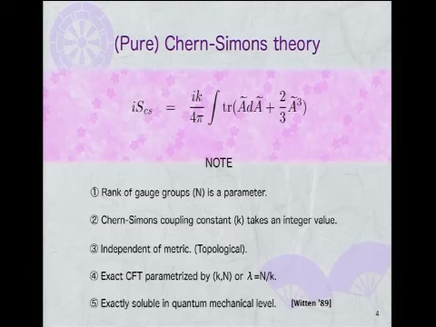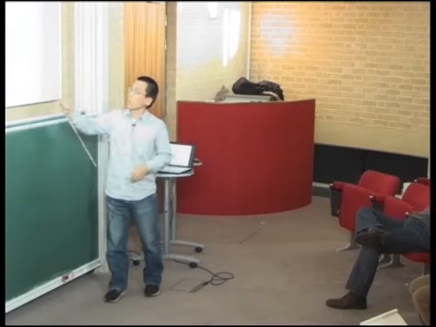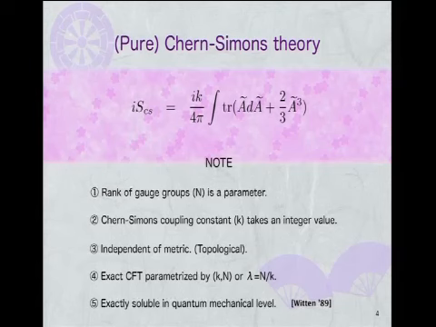In this talk, I will choose the gauge group as U(N). In this case, the rank of the gauge group N is a parameter of the Chern-Simons theory. And here, k is called the Chern-Simons coupling constant, or level. This takes an integer value due to the large gauge transformation symmetry of Chern-Simons.